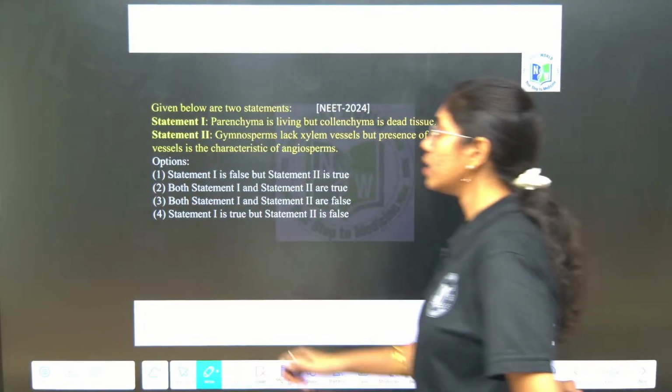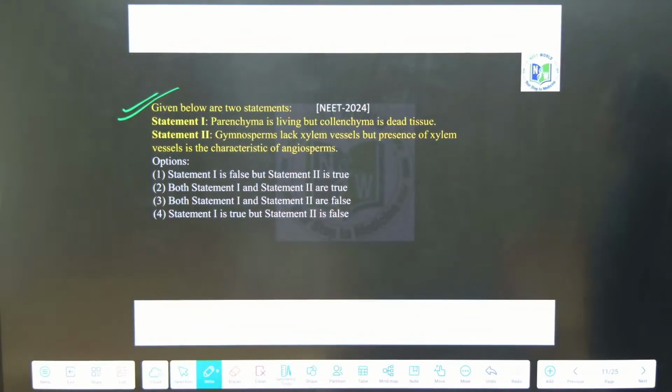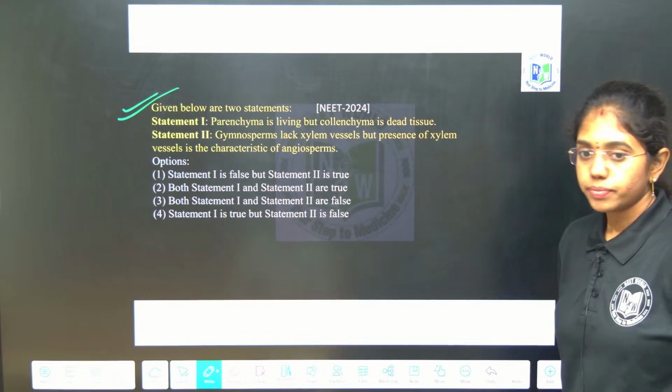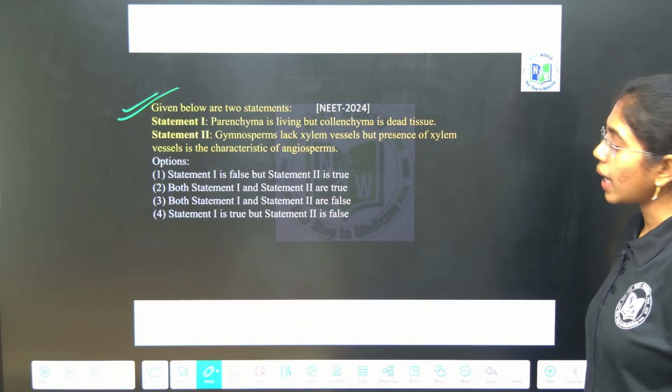Next. NEET 2024 again, statement based. Statement 1 you see, parenchyma is living but collenchyma is dead tissue.